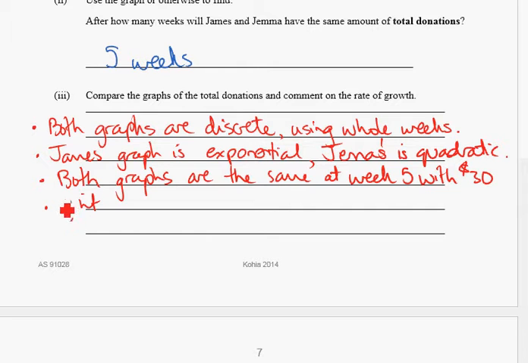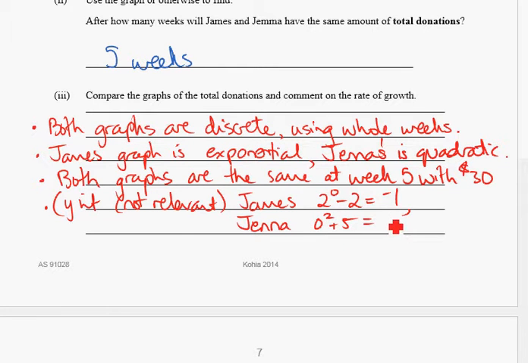Y-intercept, if we want to, not really relevant for this situation. However, for James, we worked it out. 2 to the 0 minus 2 equals negative 1. And for Jenna, it was 0 squared plus 5, which is 5, so they're different. And then of course it's really important that we do comment on the rate of growth.